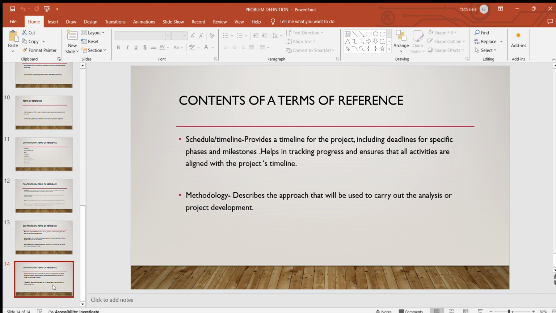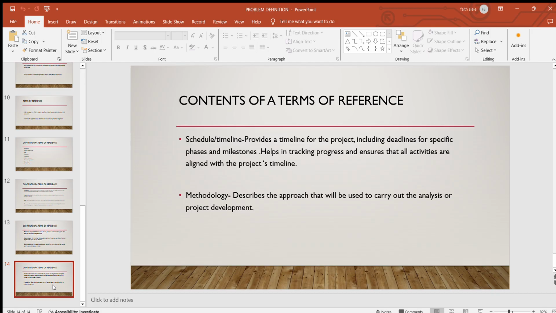We mentioned some of the contents such as background, purpose and objectives, scope, constraints, problem statement, roles and responsibilities, deliverables, and schedule or timeline. And lastly, we talked about assumptions and methodology.